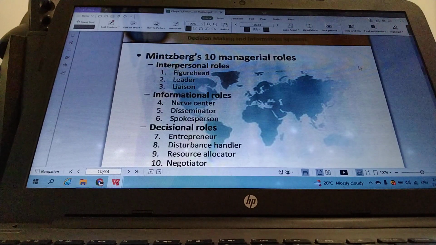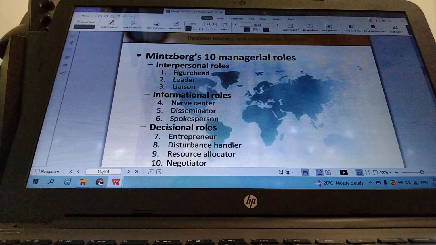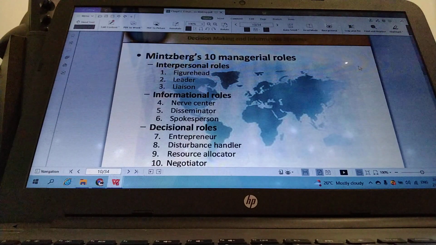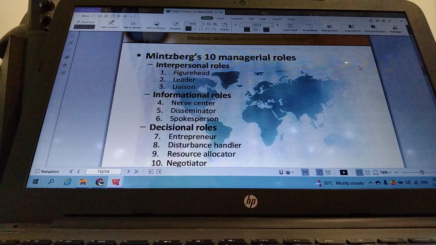So for your information, there might be some other managerial roles, but as far as Mintzberg's model is concerned, these are the 10 main areas, and you can clearly see that Mintzberg has clearly highlighted which are the areas where the managers will be involved in decision making.